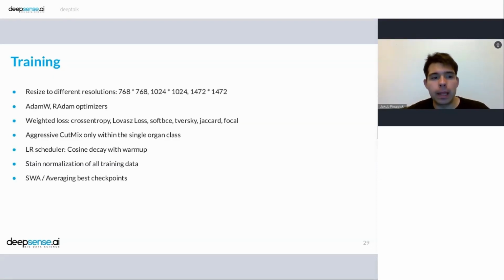Namely, they applied it to the whole training dataset, not only during the inference, as I did. And many teams claim that using stochastic weight averaging or just plain simple averaging of a couple of best checkpoints from your models helped improve the performance.